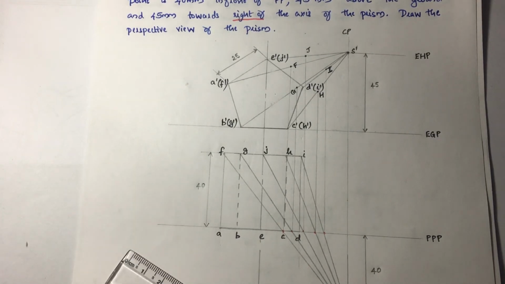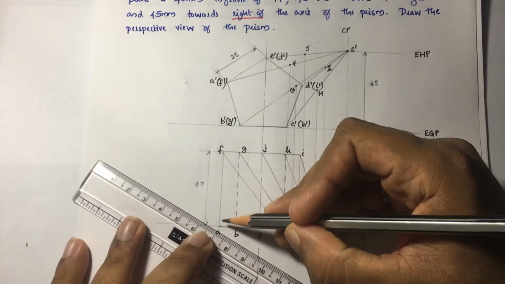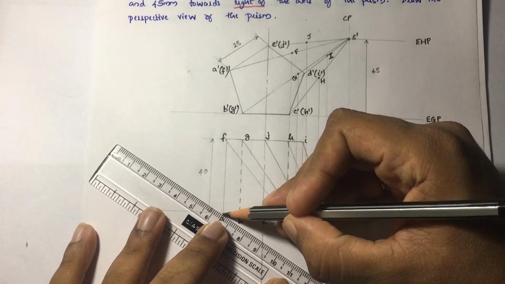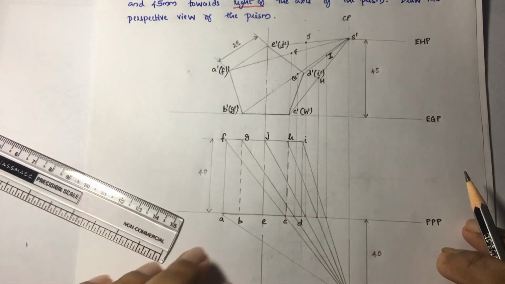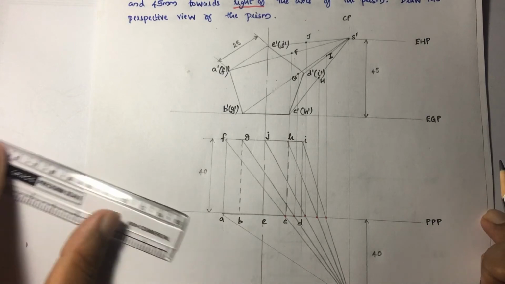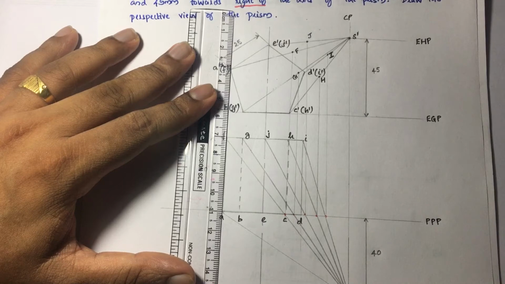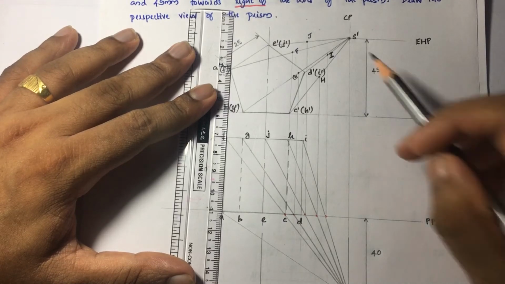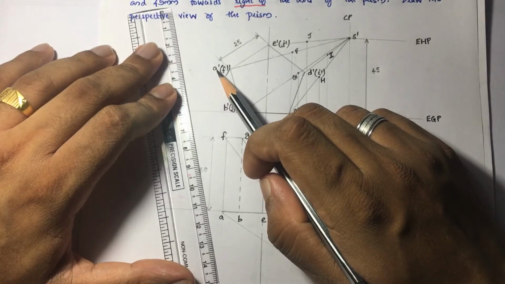If you are drawing a visual ray from S towards the point A, then you will have the intersection point at the same point A. So if you are drawing a projection line, then you will get the intersection point with S dash A is the same point as that of A dash.